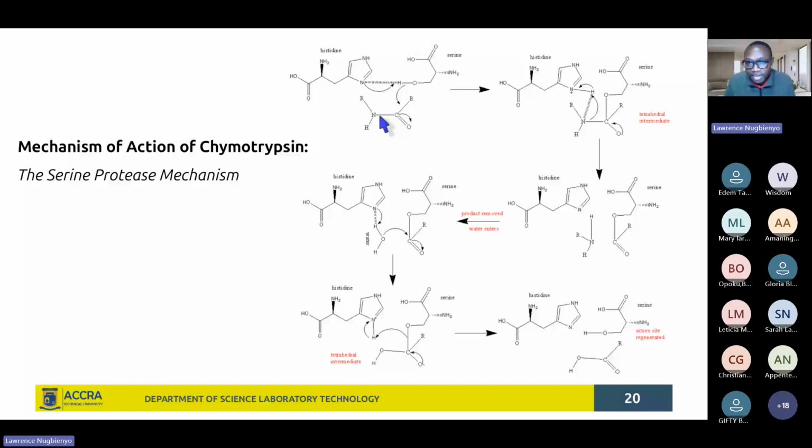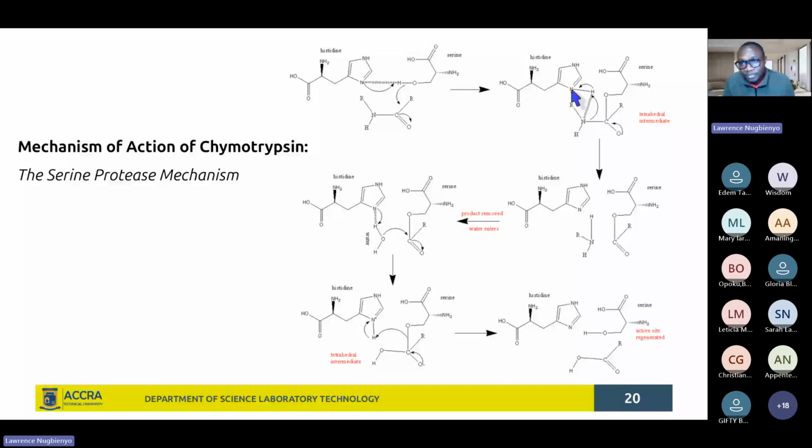That is the peptide bond to be broken. Now what we see is that this hydrogen from serine, from the hydroxyl group, is donated onto the nitrogen of the imidazole ring of histidine. So you now see the hydrogen is on the nitrogen.